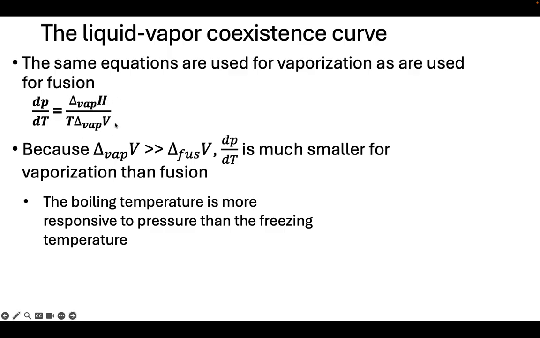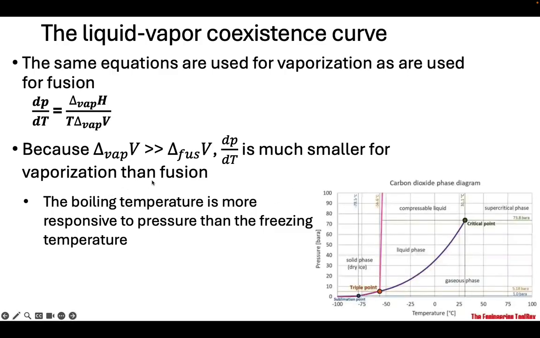But the change in the denominator here, the change in the volume when you go from a liquid to a gas, is so much greater than it is when you go from a solid to a liquid. Because of that, the slope where they come together is much closer to the same.